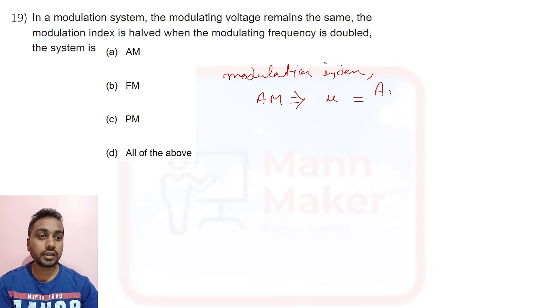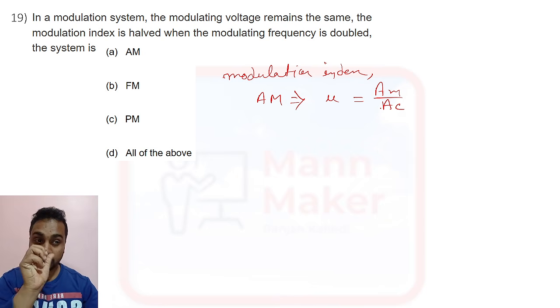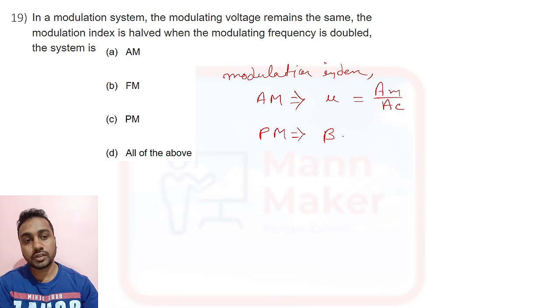This is equal to what? Am by Ac, maximum amplitude divided by carrier amplitude. Now for PM, that is phase modulation. So phase modulation is what?